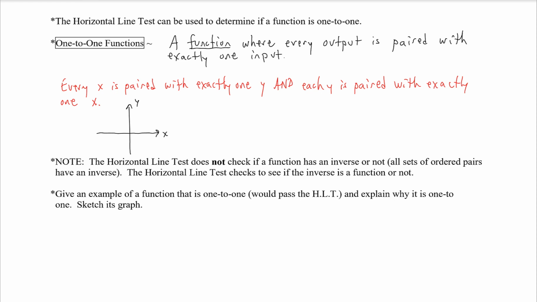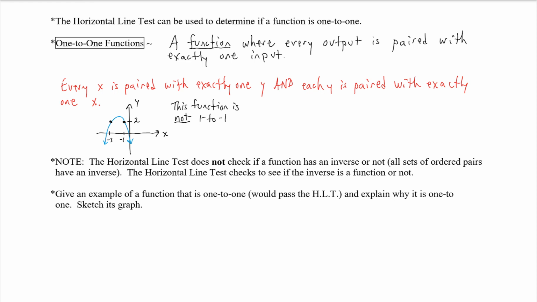So if you draw any parabola, it doesn't matter, any parabola you draw is not one-to-one, because let's say you have this y value right here of 2. So this y value of 2 is paired with two different x values. This y value of 2 might be paired with -1, and it might be paired with -3. So this function is not one-to-one.